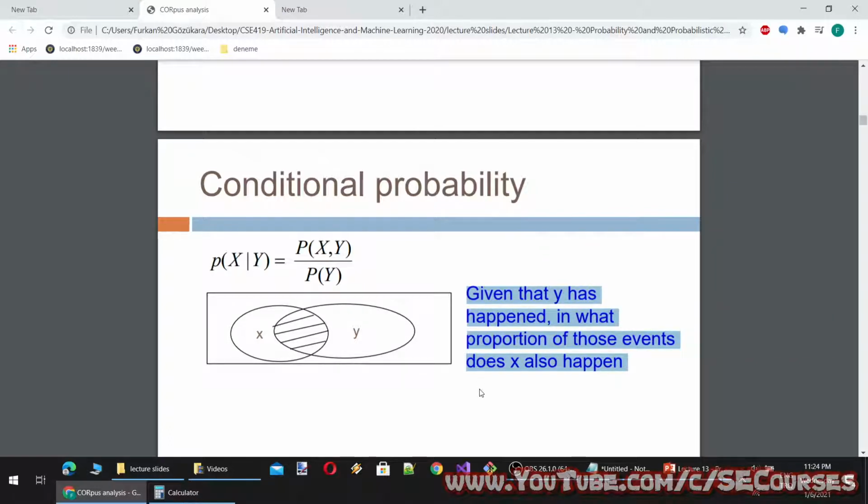Given that Y has happened, in what proportion of those events does X also happen? We know that Y has happened, therefore the probability of X happening is their intersection here, not here. We know that it can't be here, but it can be here or here.